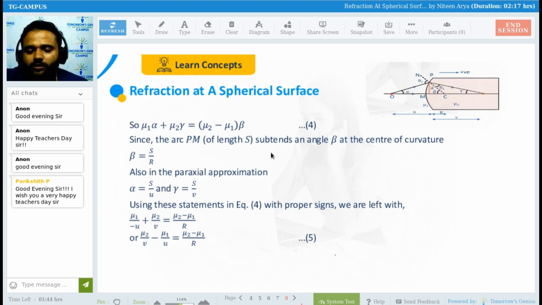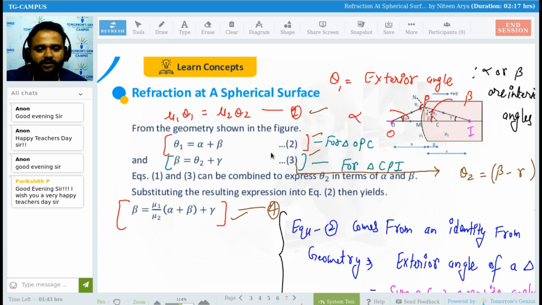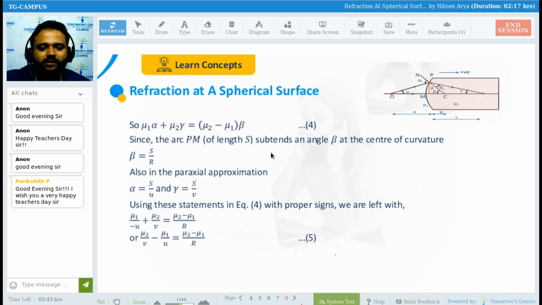So this mu1 alpha plus mu2 gamma equals mu2 minus mu1 beta we can get from this equation number 4, or I can write equation A. From equation A, if we find it down, mu2 beta, mu1 alpha minus beta plus gamma, so simply we can get this equation.